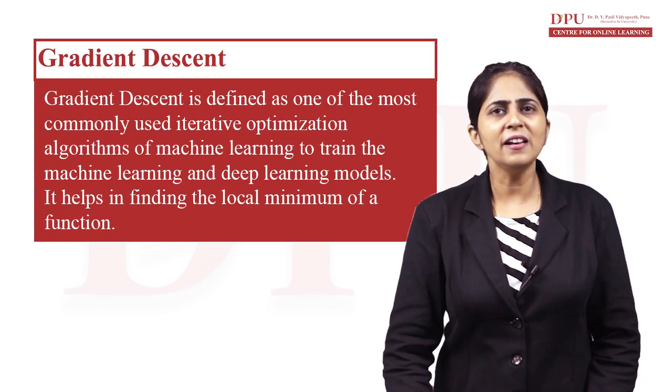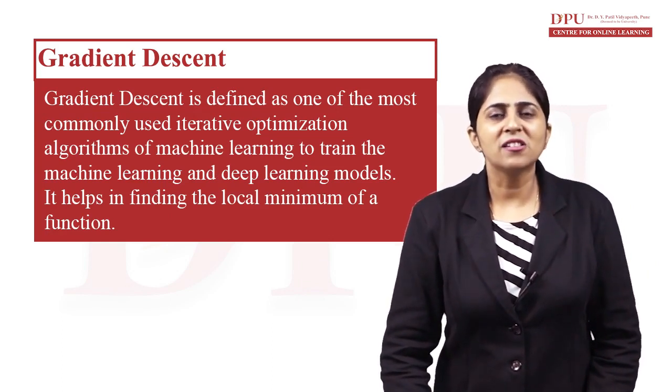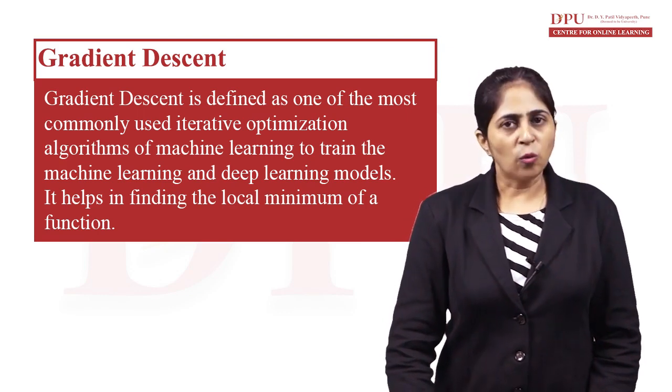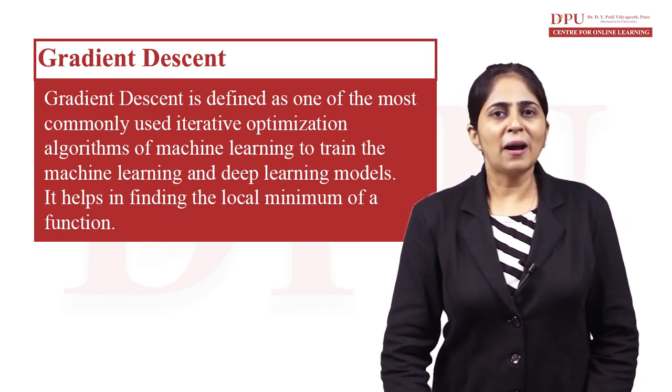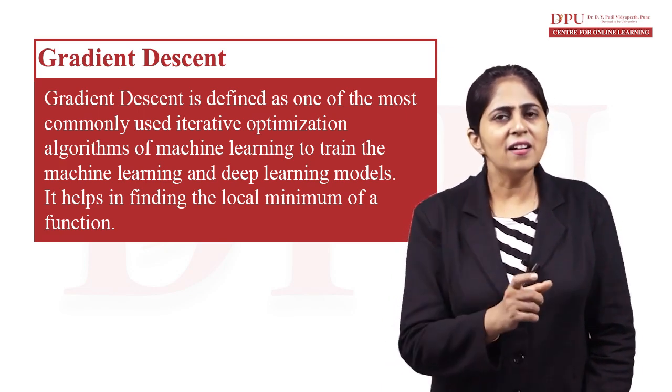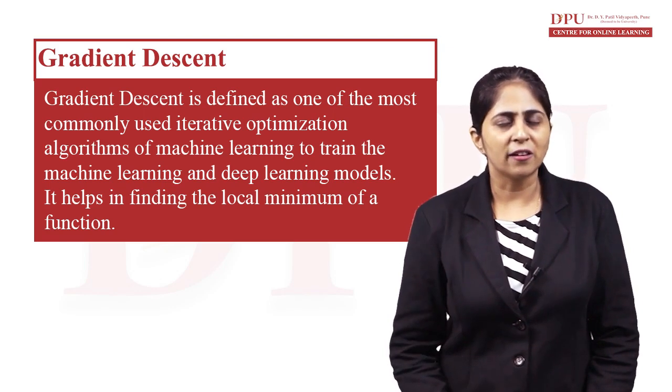So gradient descent is the most commonly used optimization algorithm. And what is this optimization algorithm doing? It is minimizing the error between the actual result and the expected result.